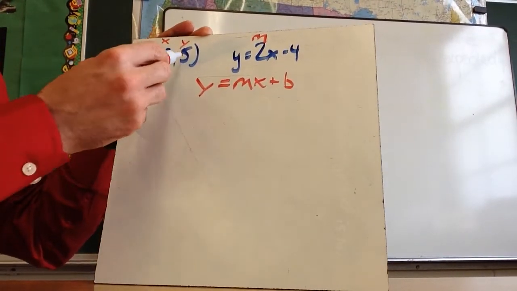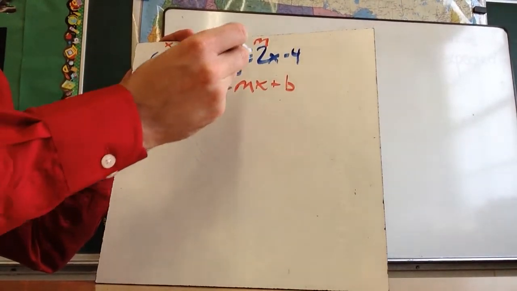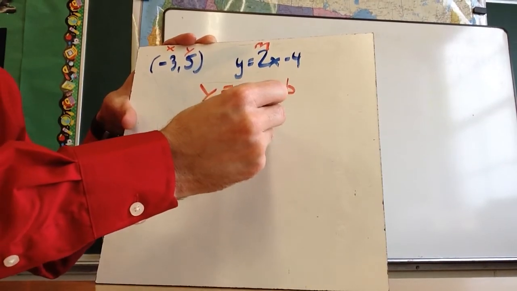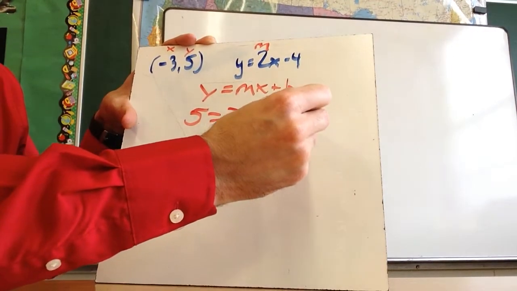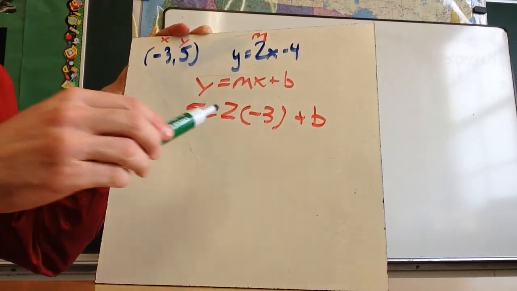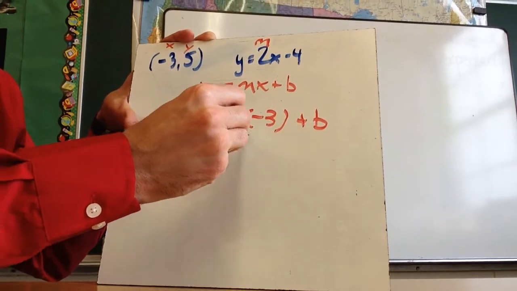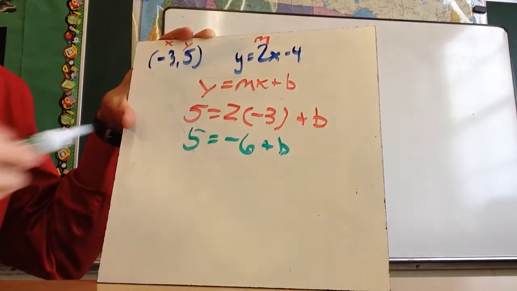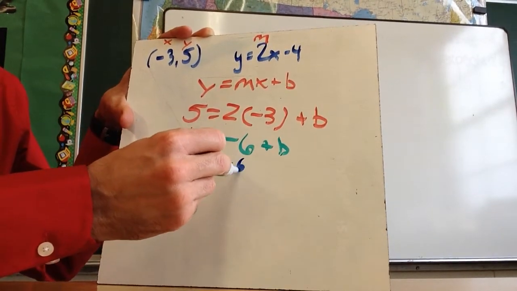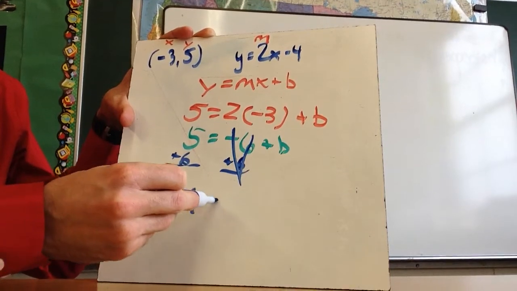So I'm going to take this y, substitute it in, take this m, substitute that in, take my x, put that in, and then I don't know b. So I take 2 times negative 3, this becomes 5 equals negative 6 plus b. I am then going to add 6 to both sides because I want to isolate the b. This cancels out, and I've got b equals 11.